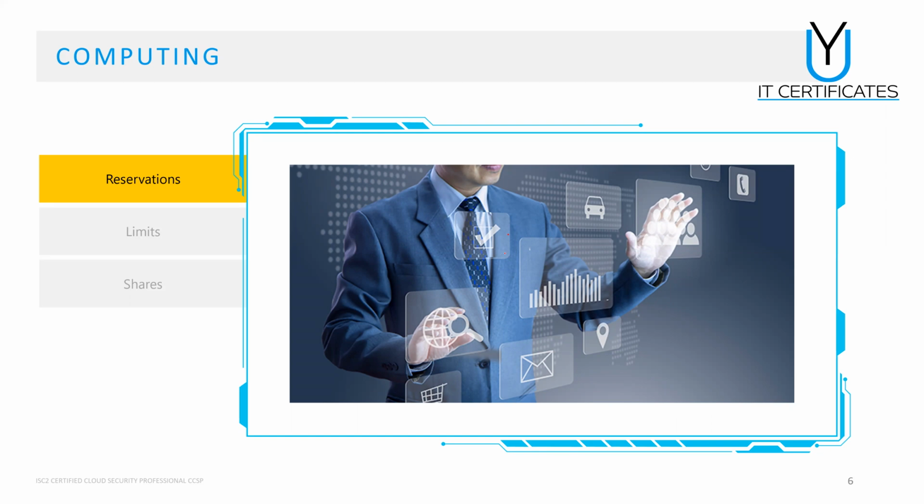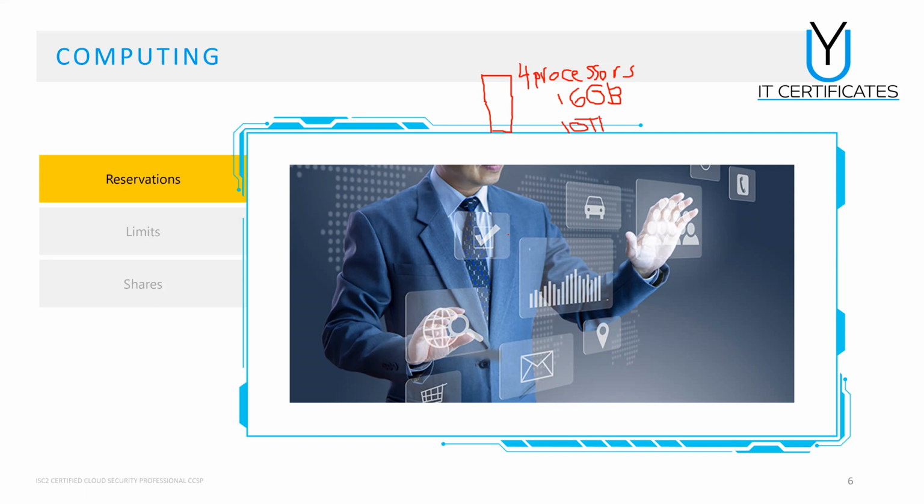For example, say I am a customer and I have rented one server with 4 processors, 16 GB RAM, and a 10 terabyte hard disk.